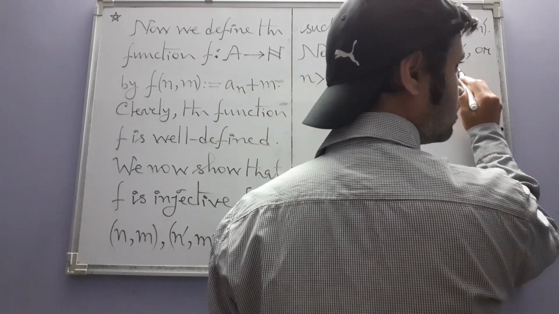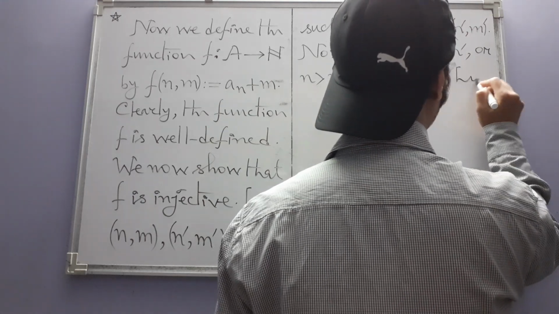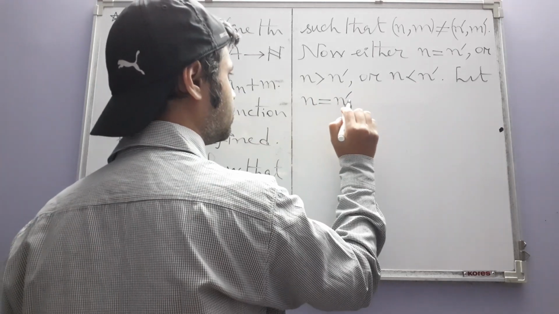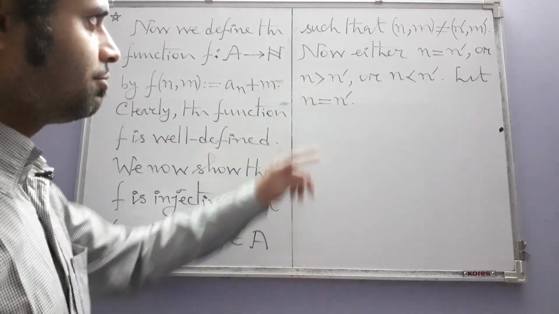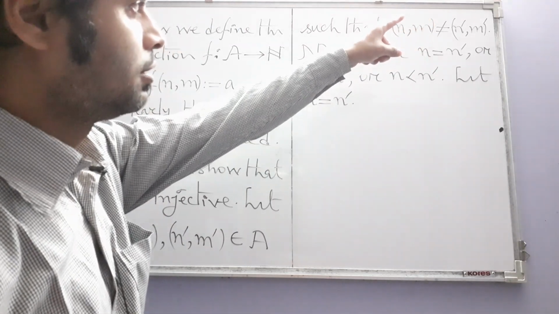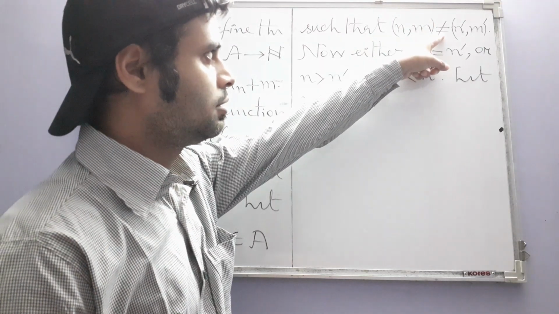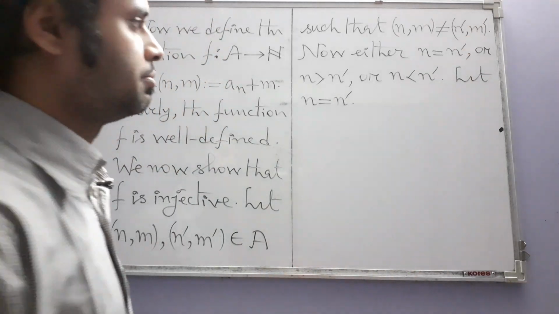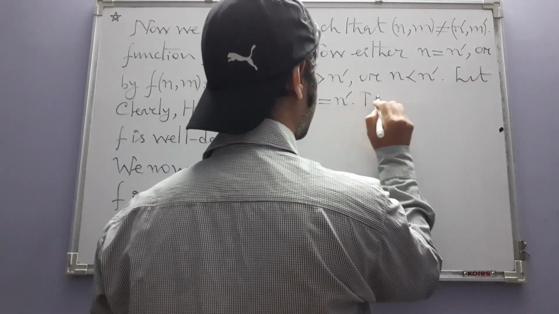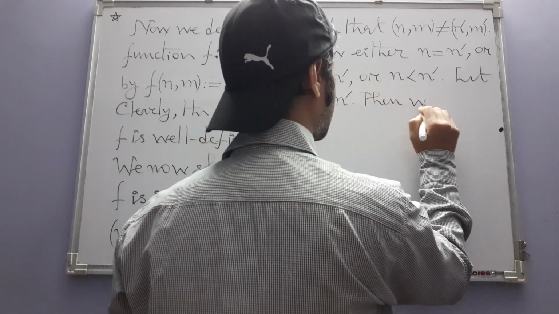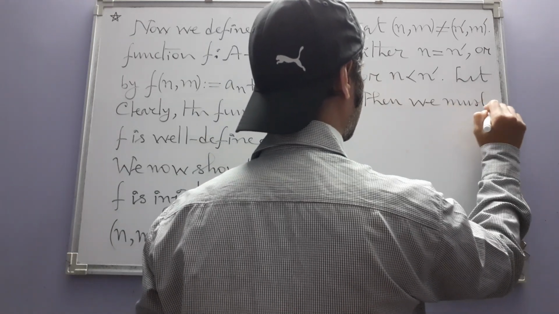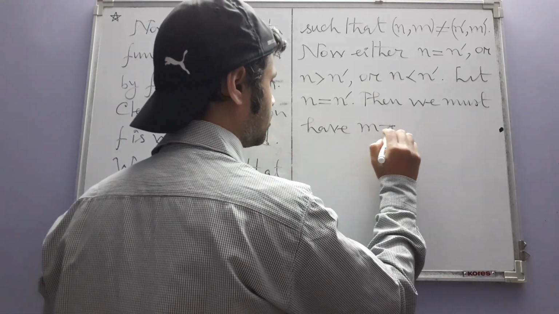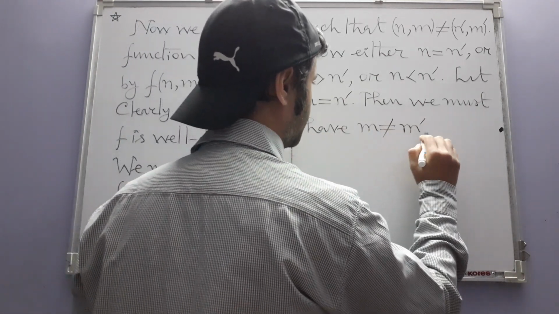Let n be equal to n prime. Now if the first coordinates are equal, then to maintain this inequality, the second coordinates should not be the same. Then we must have m not equal to m prime.